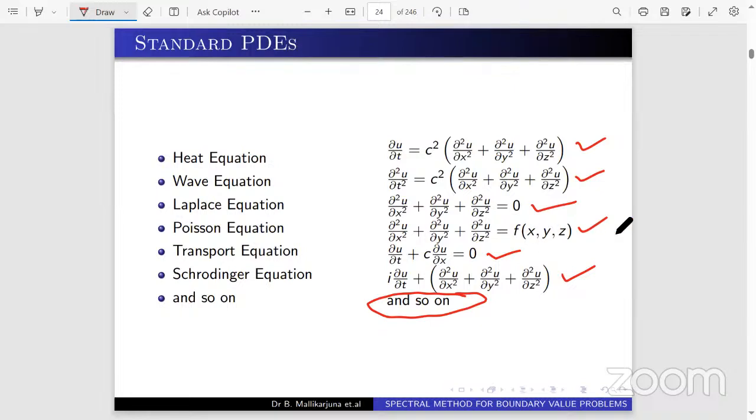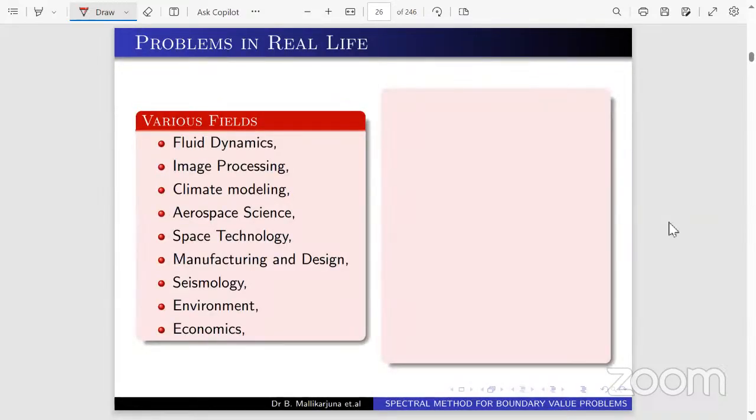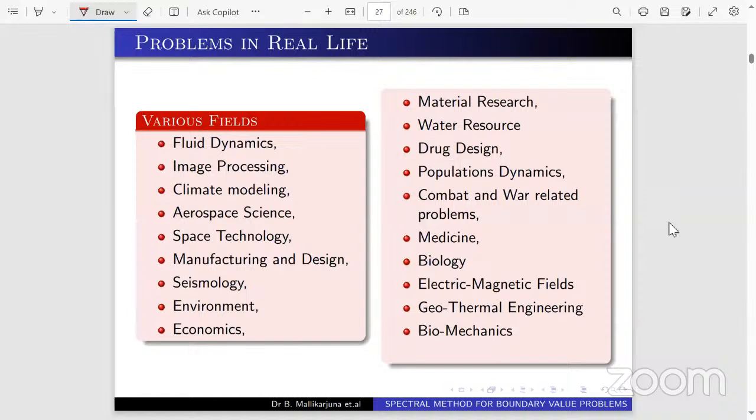But where can these kinds of differential equations arise? What are the different fields?